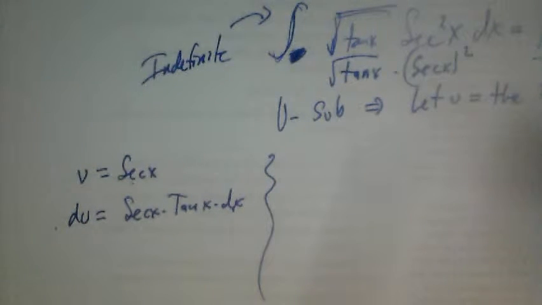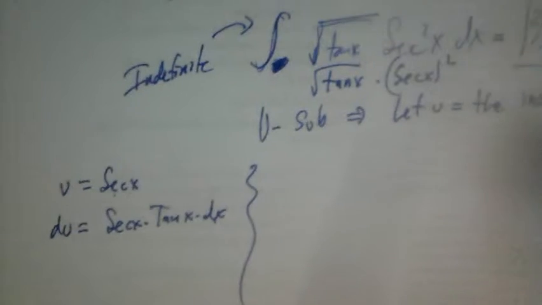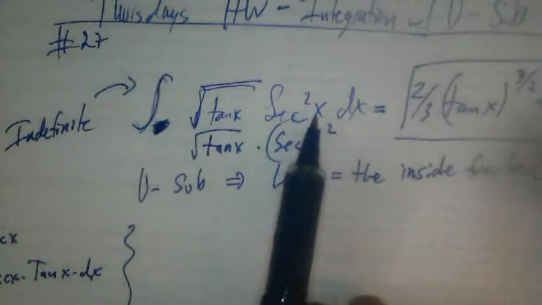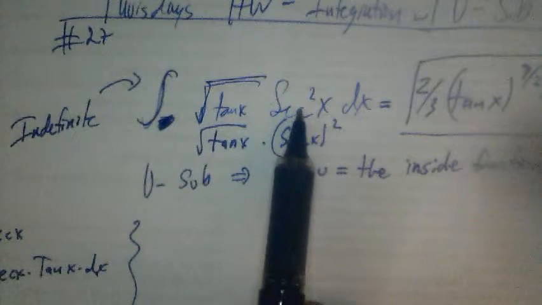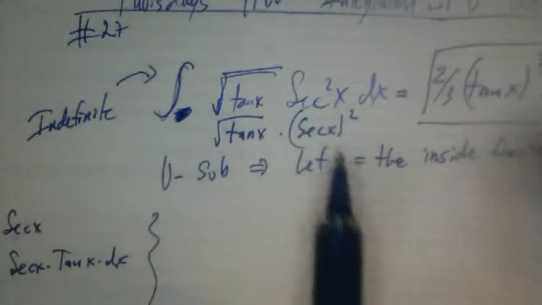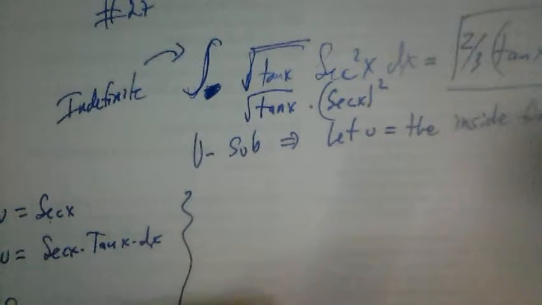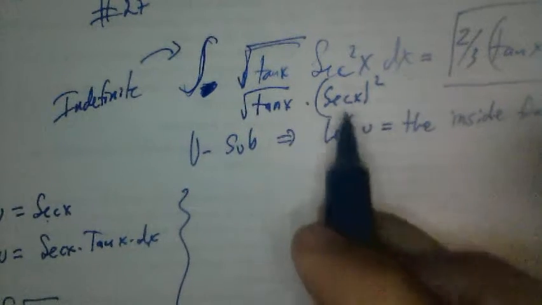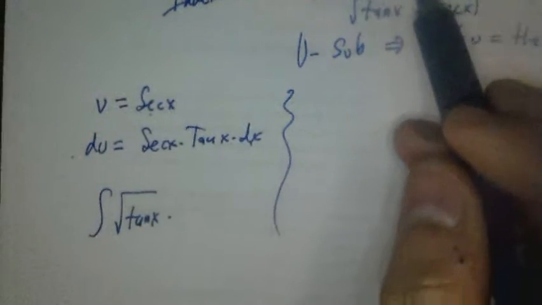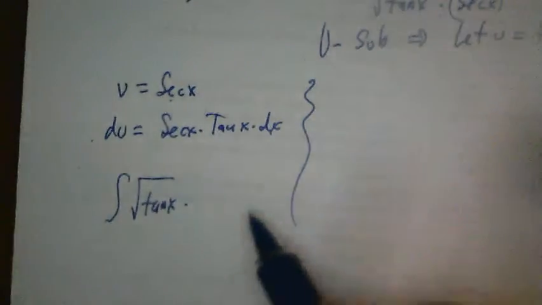Looking back at my problem, I would get the integral of the square root of tan x times secant squared, so we call that u squared, dx.